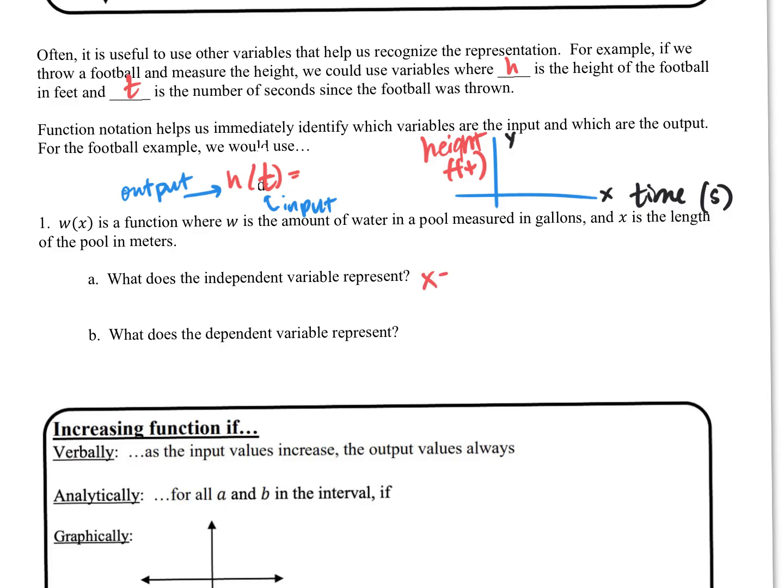So let's go ahead and say that was X, and that's going to be the length of the pool in meters. Okay. Dependent. Which one of these is the dependent? W of X is how we say that. We're obviously going to say W is going to be the dependent. And that was the how much? Water. Amount of water in gallons.